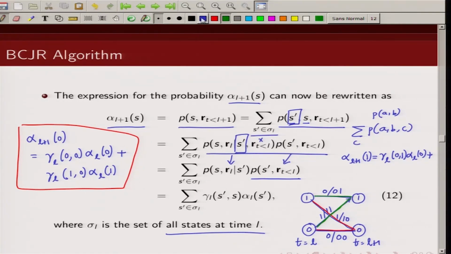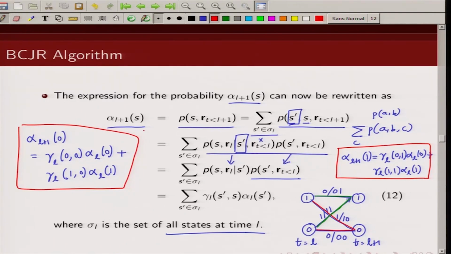So, this can be written as gamma L 1 1 times alpha L 1. So, these are for this particular convolutional encoder whose trellis section is given by this.